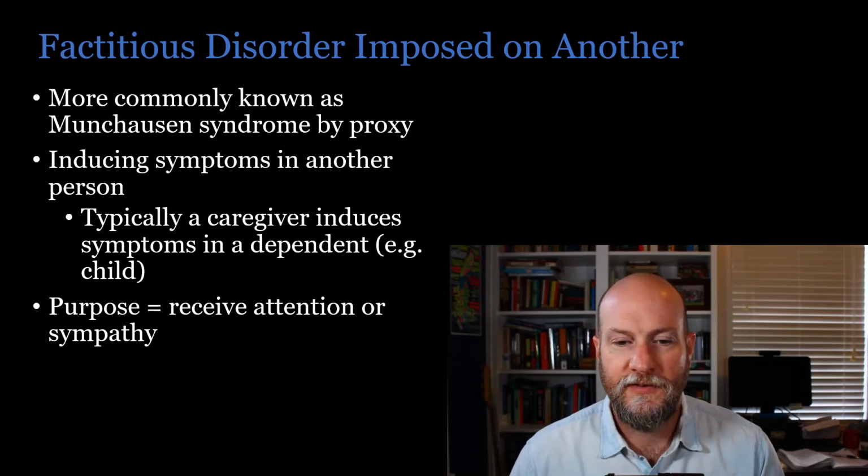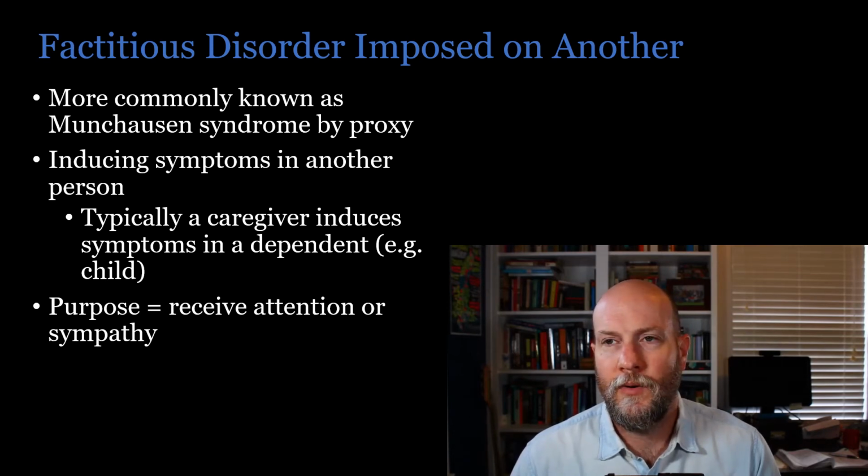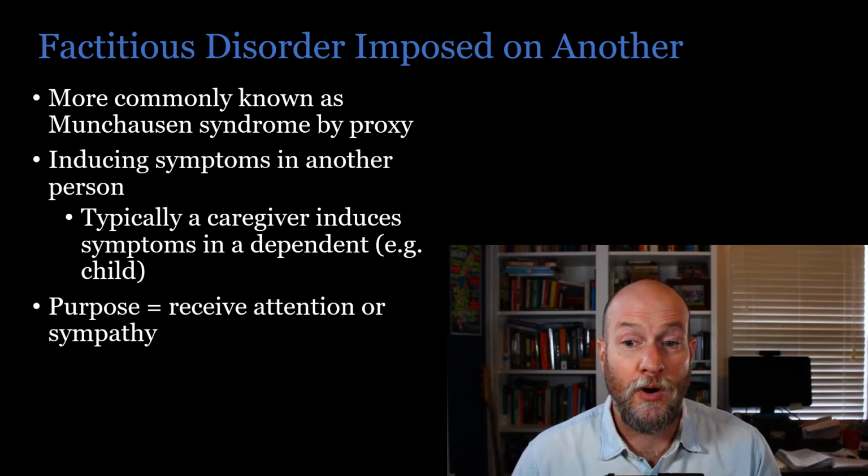You will often see people who have this condition who want to be perceived as martyrs. They want to be perceived as someone who is very heroic and selfless because they are caring for this individual that has such a horrible physical situation.